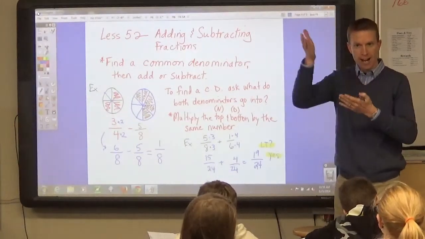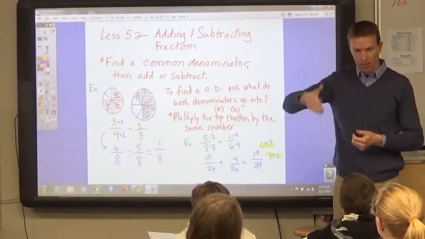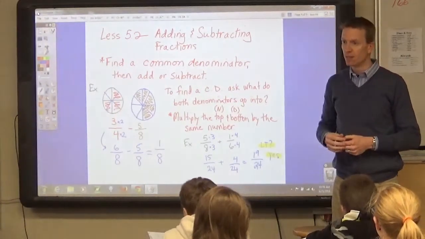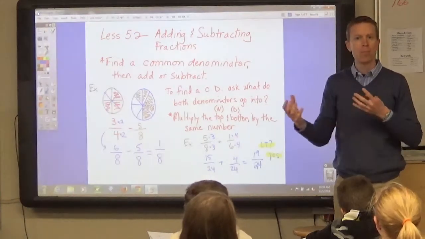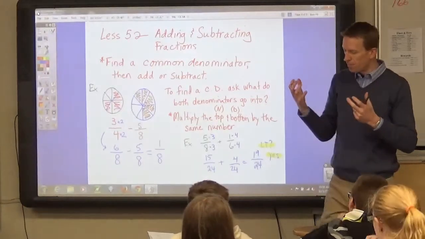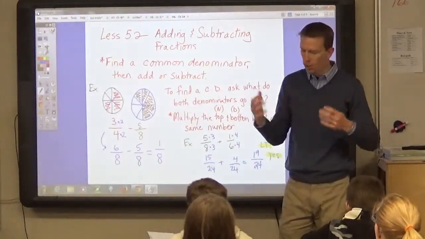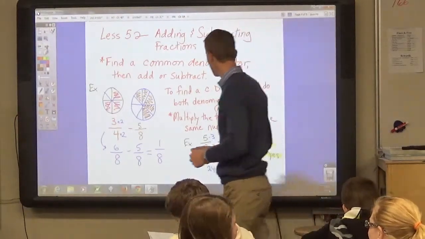If you have half a pizza, you can't take a fourth away unless you cut it. Right? That's what finding a common denominator does. It finds pieces that are the same size so that you can add them or you can subtract them. Okay?